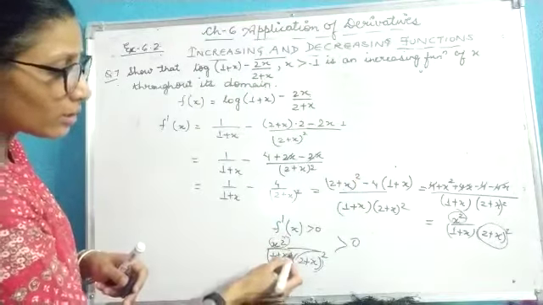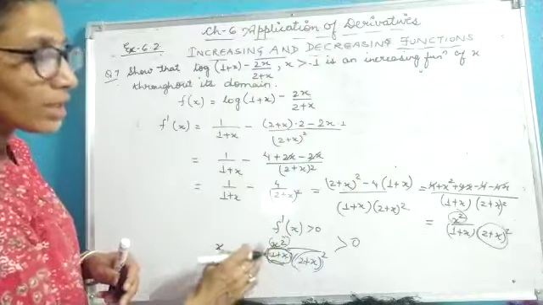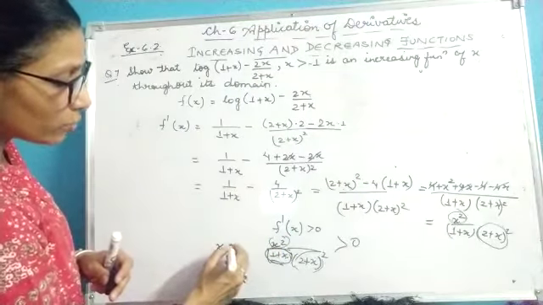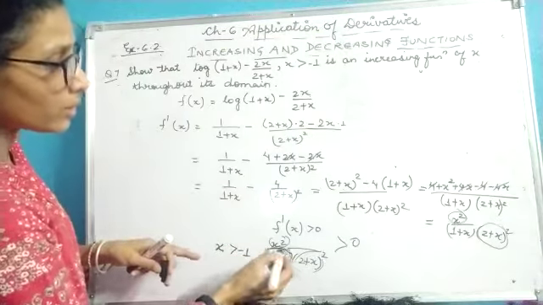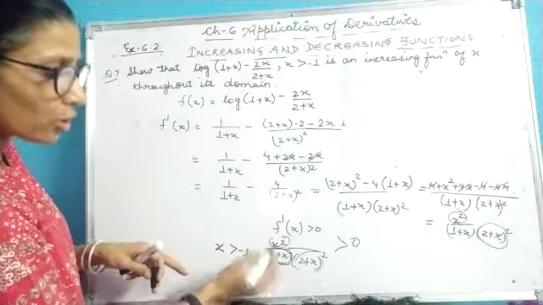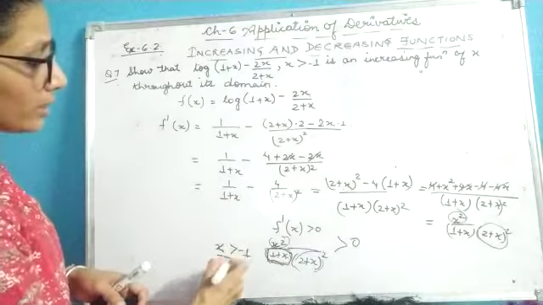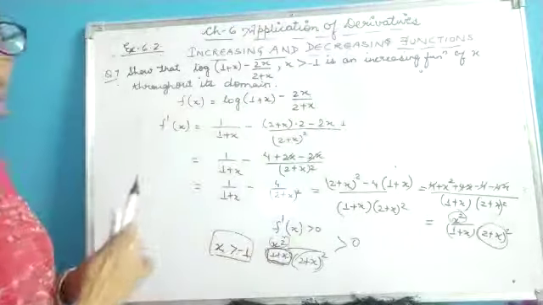So here I have a restriction that x should not be less than minus 1, or I can say x should be greater than minus 1. So simply this is the restriction over here, that x should be greater than minus 1 and x should not be less than minus 1. In both ways I can say, hence I can say the given function is an increasing function throughout its domain.